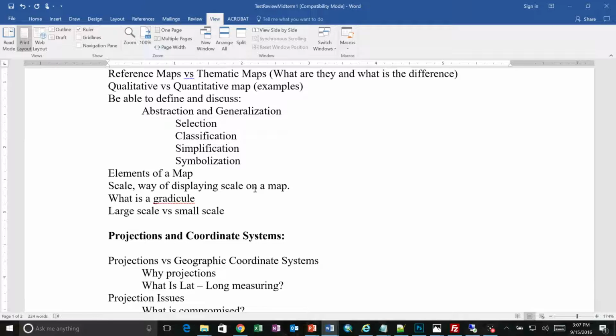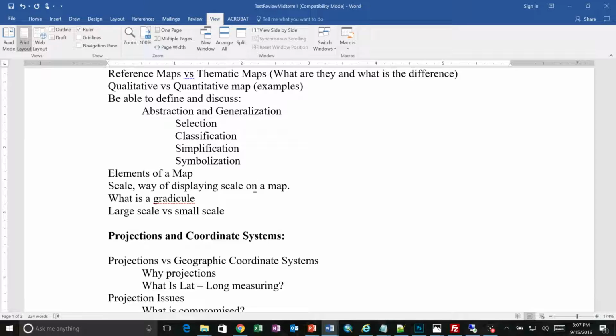Okay. Large scale versus small scale. It's important that you realize that a large scale map is a map that's closer to 1 over 1, because that's a larger number. However, a large scale map shows less of the world.